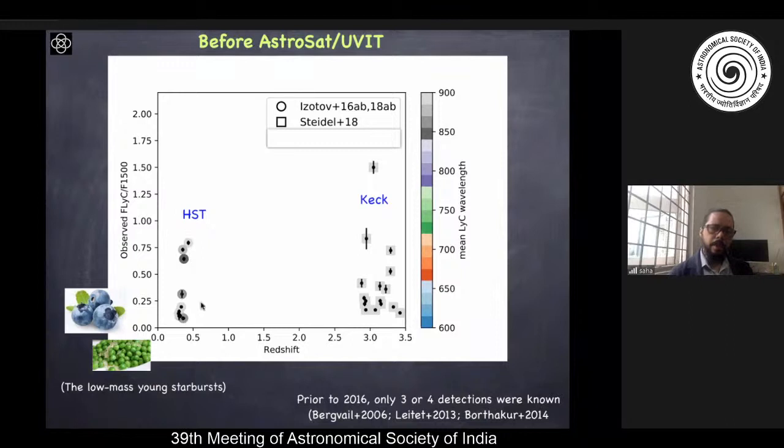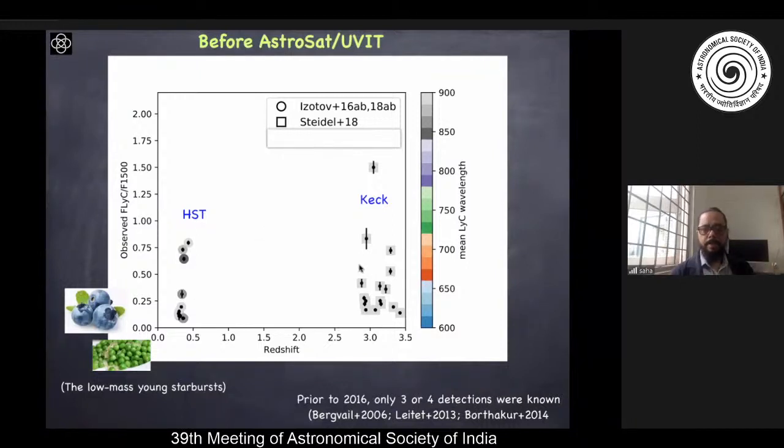These are the Lyman continuum leaking galaxies, compact local starburst galaxies. Also, using Keck, Steidel et al. showed about a dozen galaxies around redshift 3. So the entire range of redshift from around 0.4 to around 3 remains empty.